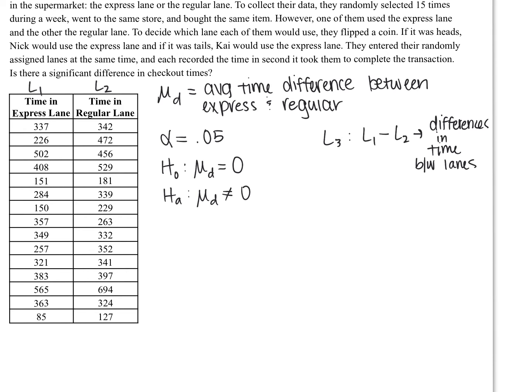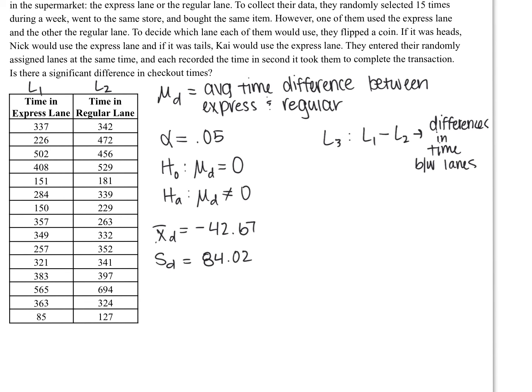So the mean difference between the lane times is going to be negative 42.67, and our standard deviation, because it is a sample, we want to use the Sx, is 84.02.